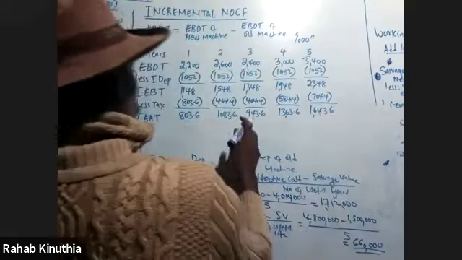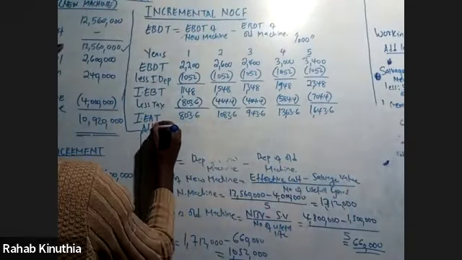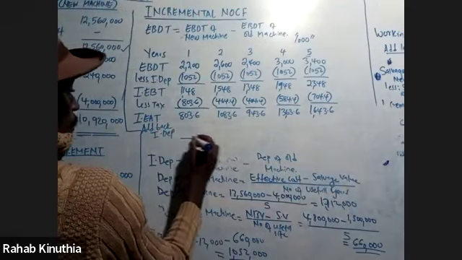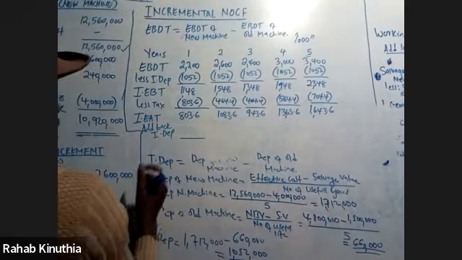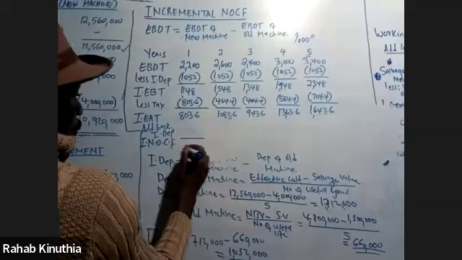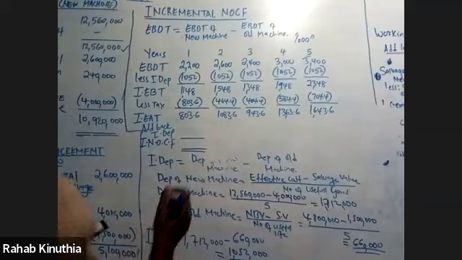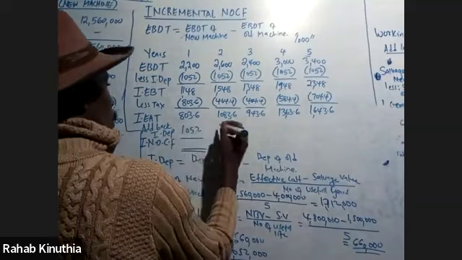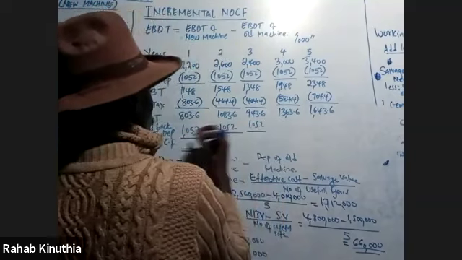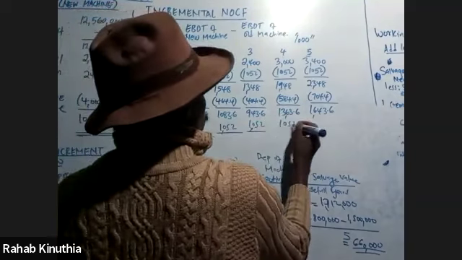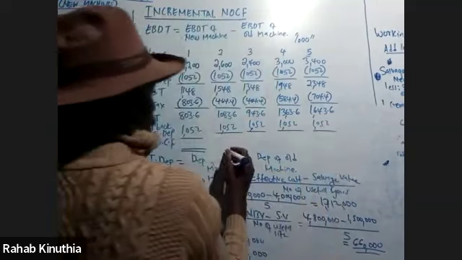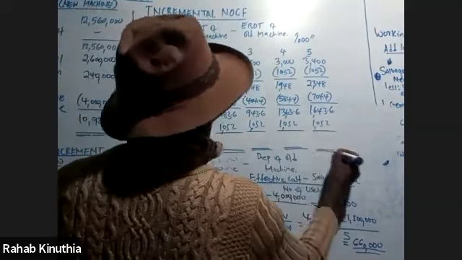So to that one, we can add back incremental depreciation, so that we can get what? Incremental net operating cash flow. So we'll add 1052, 1052, 1052, 1052, 1052. We add them together.